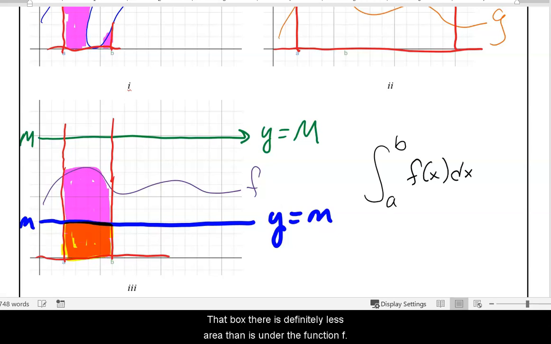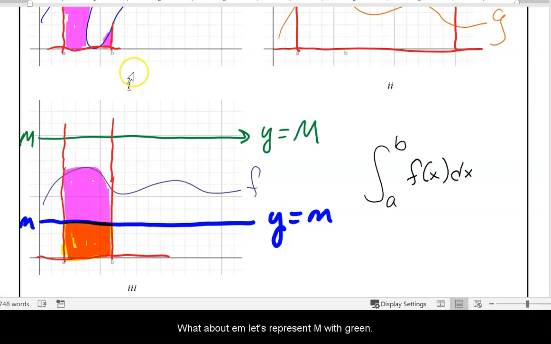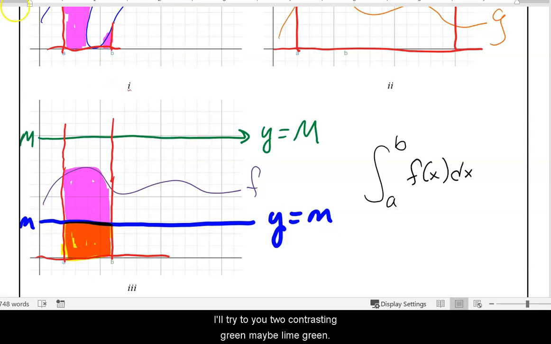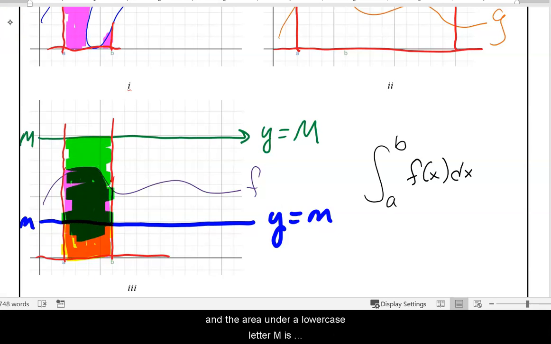That box there is definitely less area than is under the function f. What about M? Let's represent M with green. I'll try to use a contrasting green, maybe lime green. This area here, which includes the area under the function and the area under lowercase letter m, is definitely more area than what was under the function.